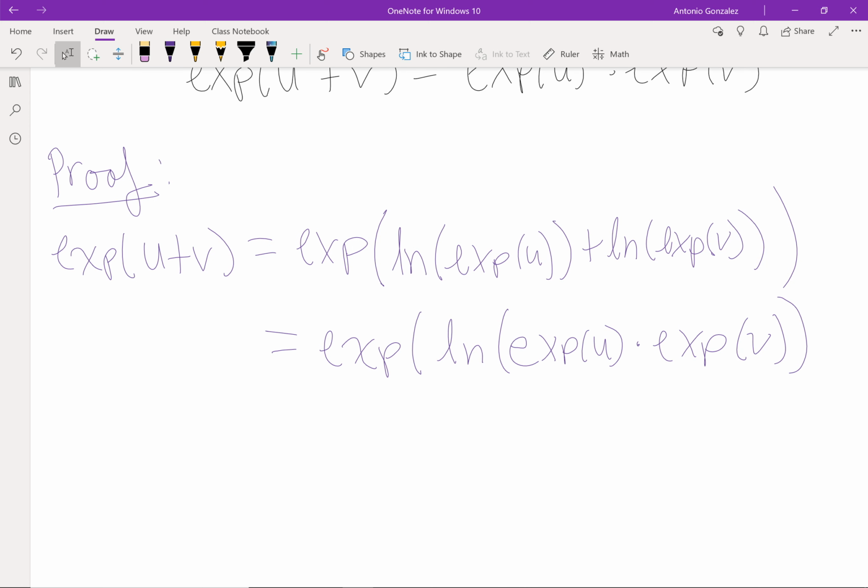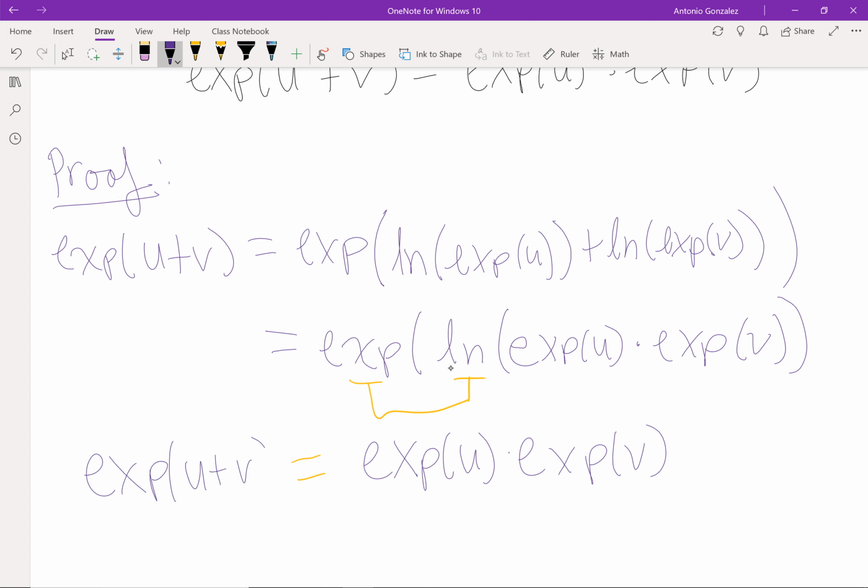Now we use the properties of the exponents. Exponent of a logarithm, they essentially counteract each other. So this result turns out to be the exponential of u times the exponential of v. And that proves our theorem.